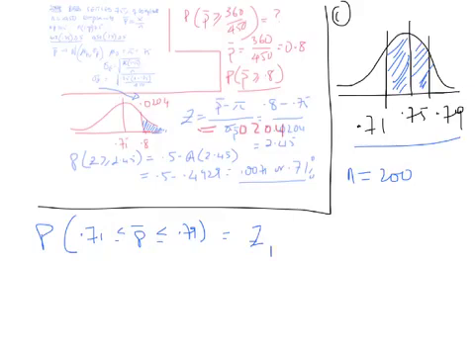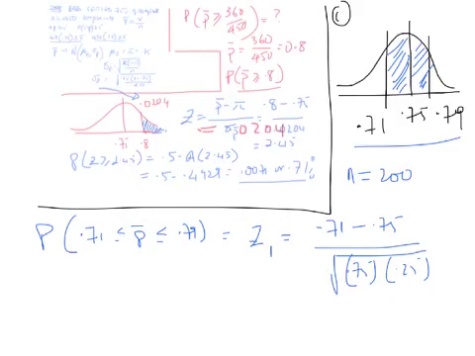Let's call the first one Z1, 0.71 minus 0.75. Now our standard error will be different because our sample size is no longer 450. So I cannot use the 0.0204. I must now compute that again: 0.75 times 0.25 over 200.